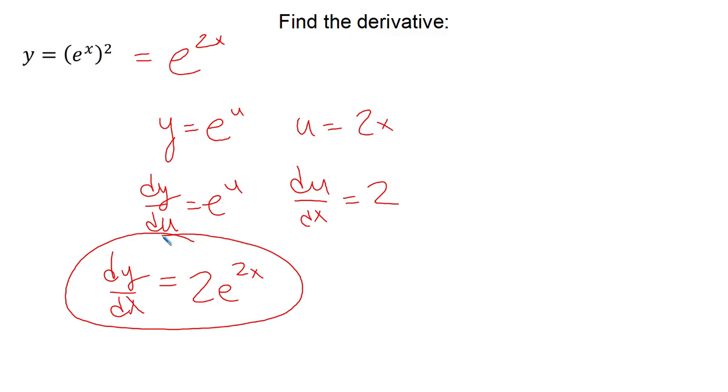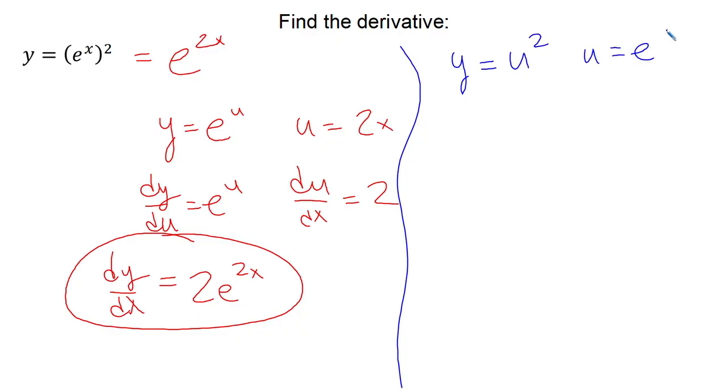And if we didn't think about that, and you just did y equals u squared, where u is equal to e to the x, well, the derivative of that would be dy du, which is 2u, and du dx, which is e to the x, right? And so what we would have to do is just multiply those two things together.